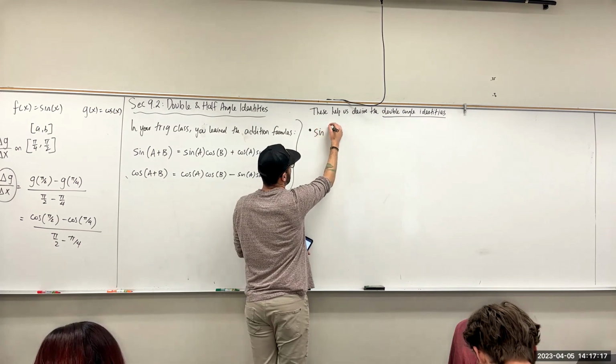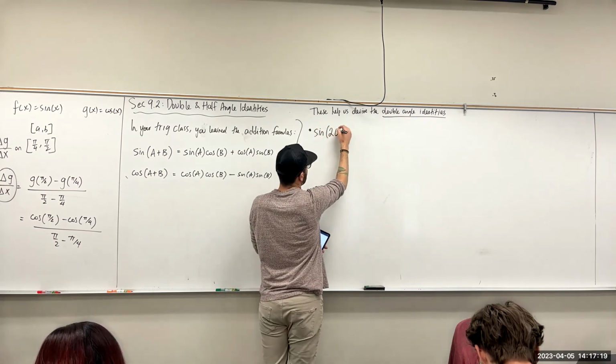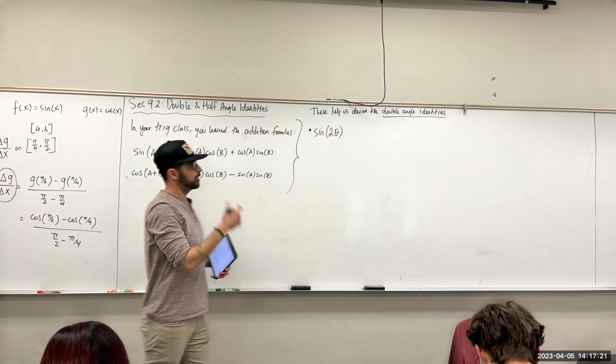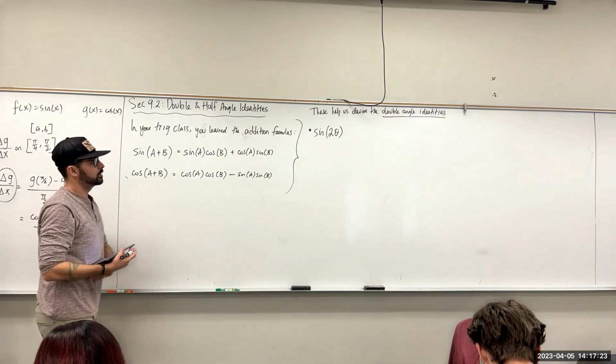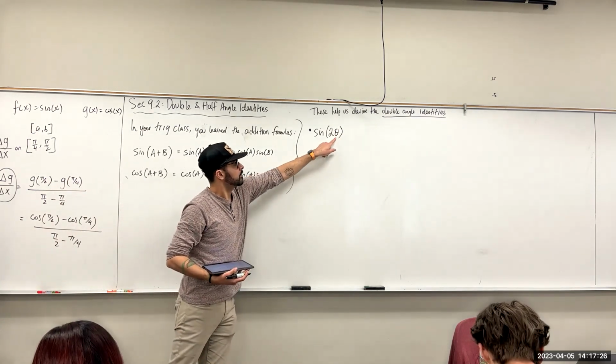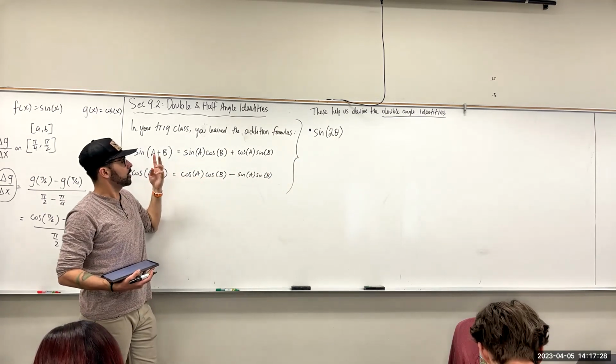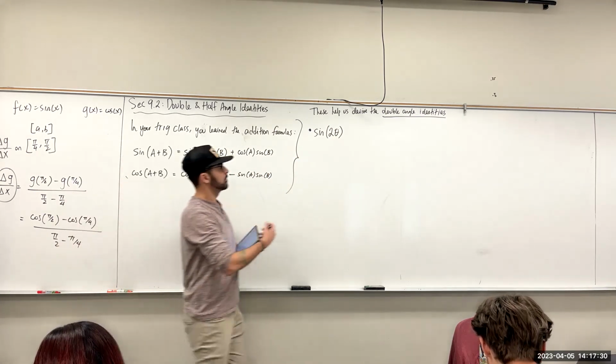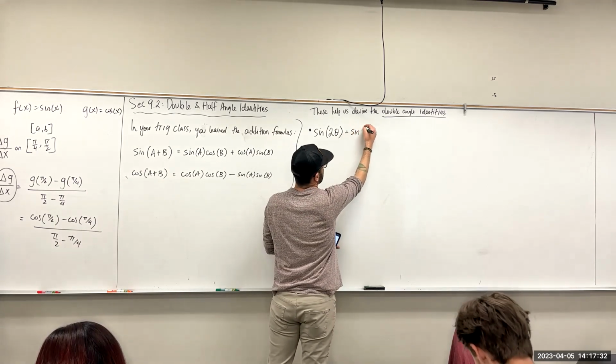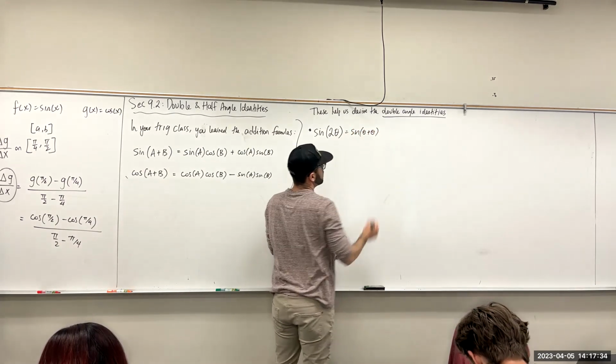So if I'm trying to do sine of 2 theta, of some angle being doubled, well, 2 theta just means I'm adding theta with itself. It's just sine of theta plus theta.